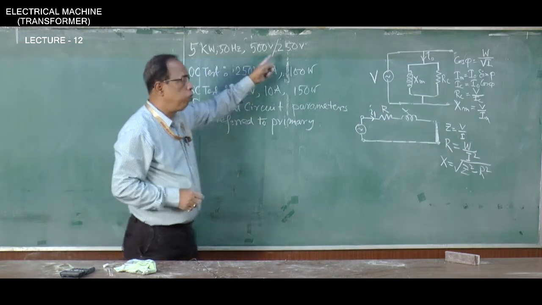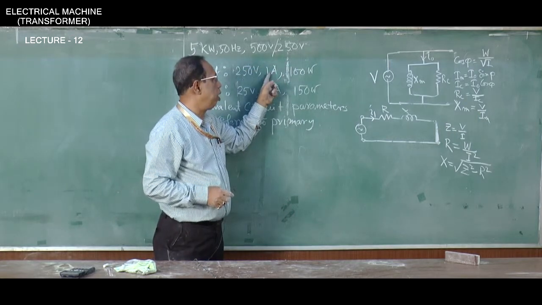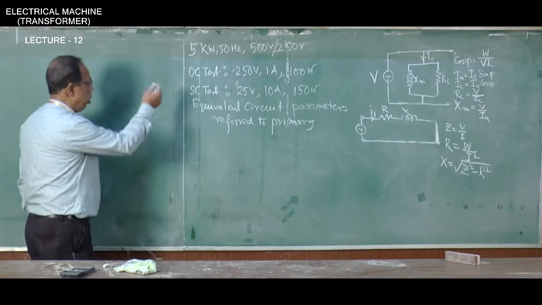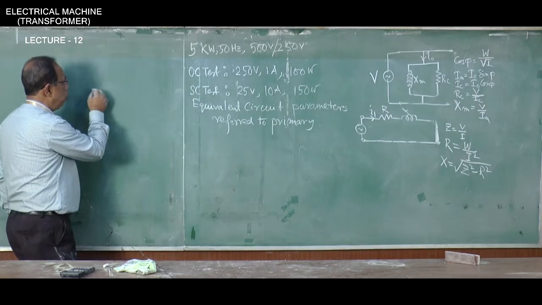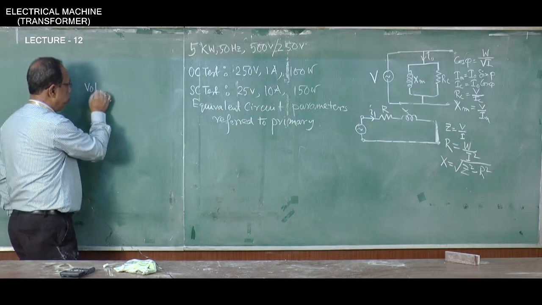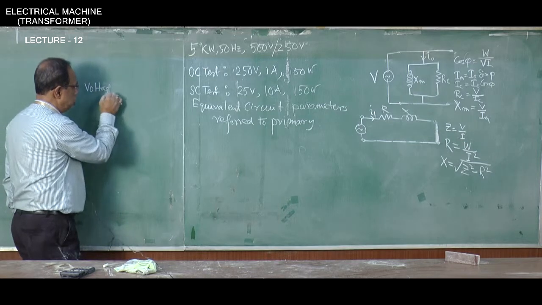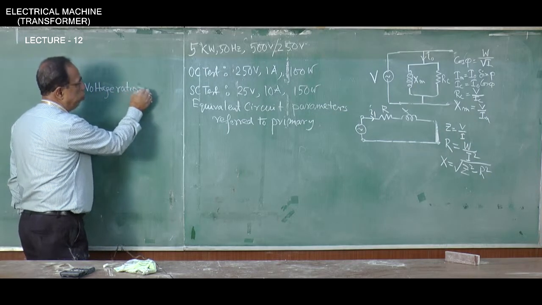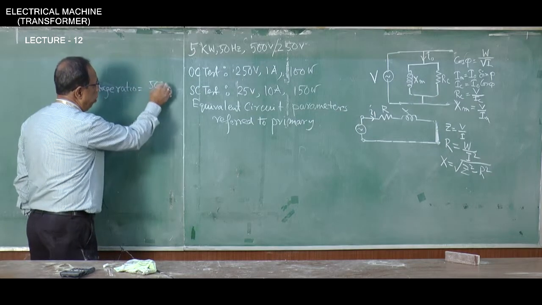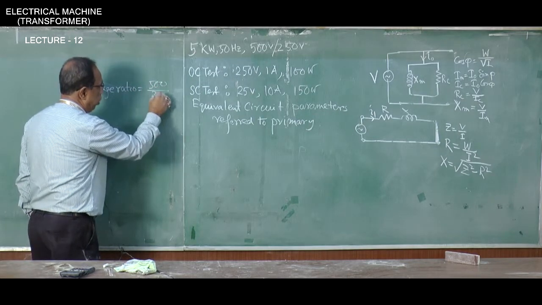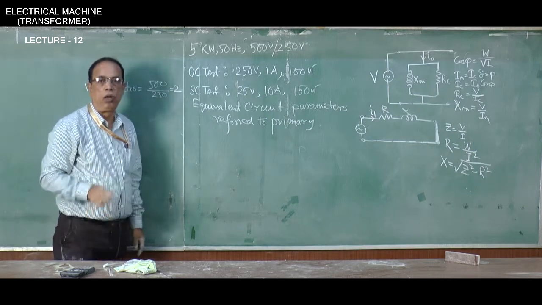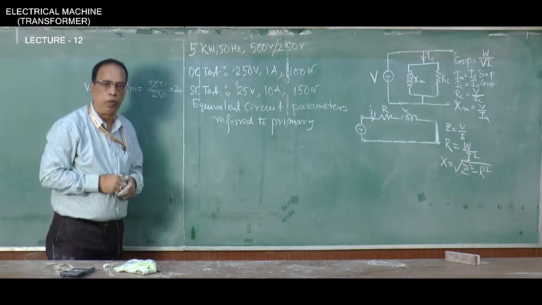We know the voltage ratio, or current ratio, whatever you call it, that is 500 volt by 250, that means 2 is the voltage ratio or turns ratio of the transformer.